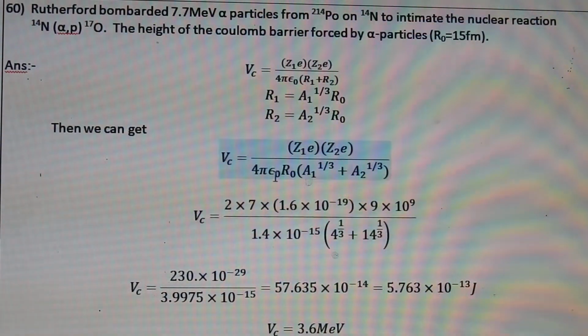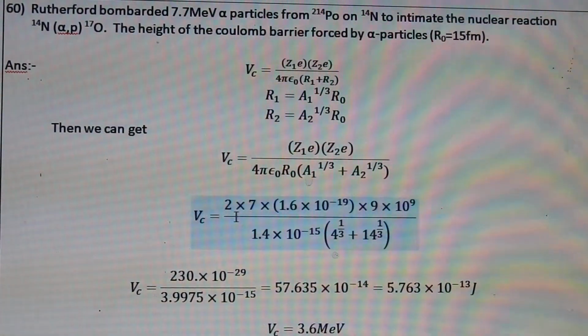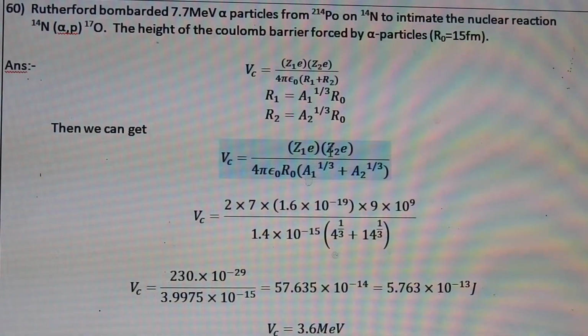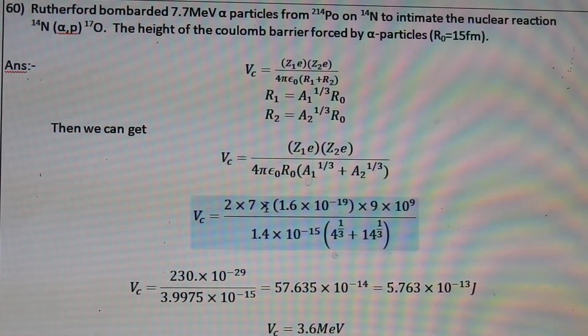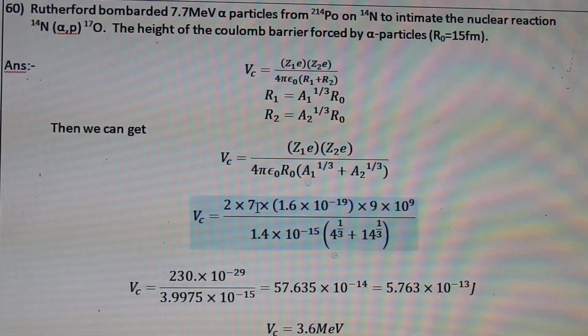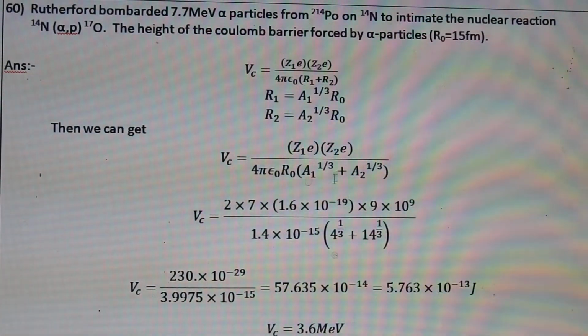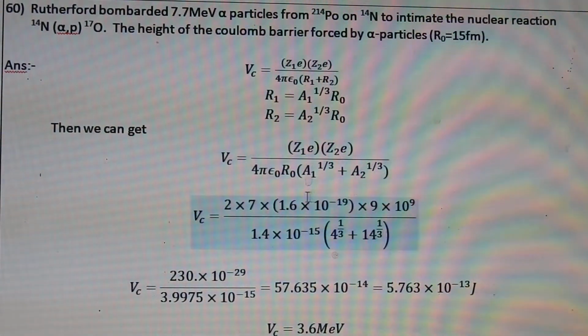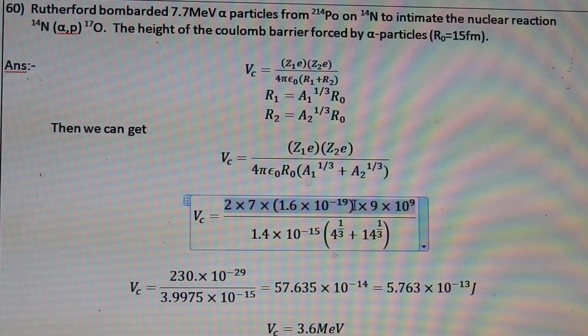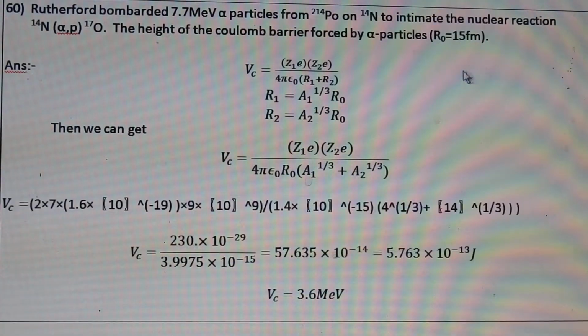So here Z1 is the alpha particle, so 2 protons exist, 2 into Z2, the proton number is 7 in the nucleus, so 2 into 7, and the electron charge is 1.6 times 10 to the power of minus 19 coulombs. So a square is there.